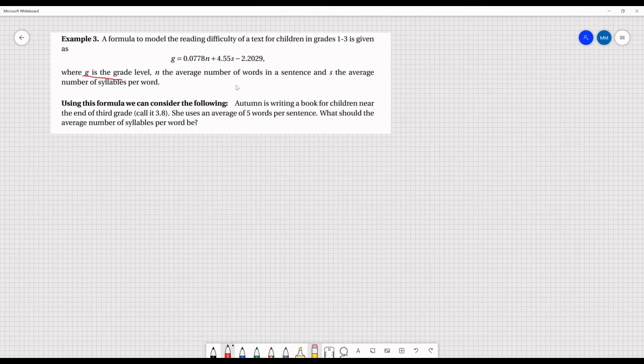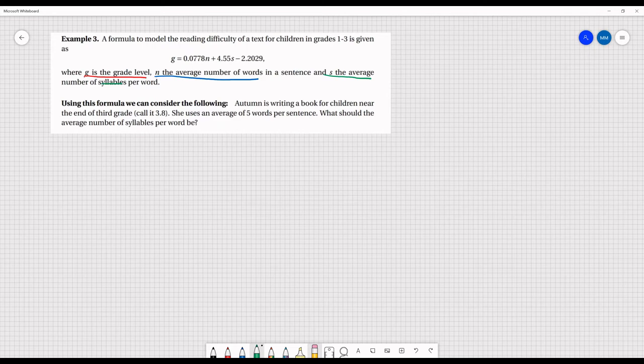So we're given that G is the grade level, N, average number of words, and S, the average number of syllables per word.